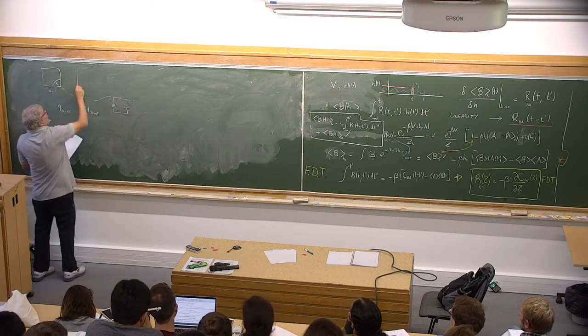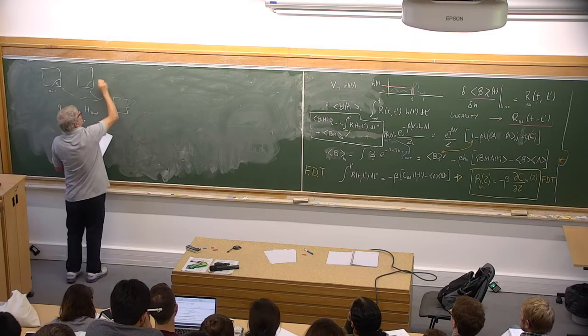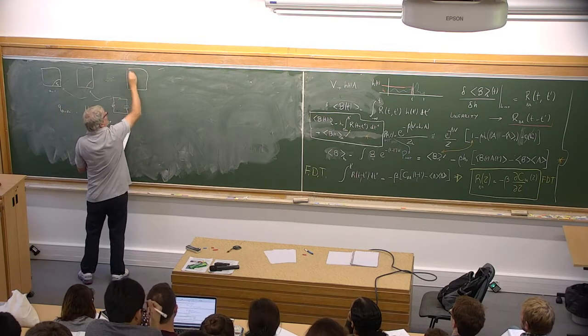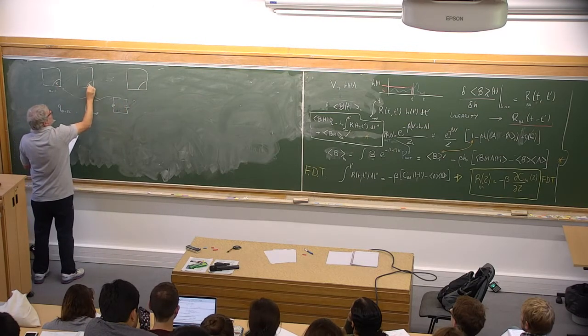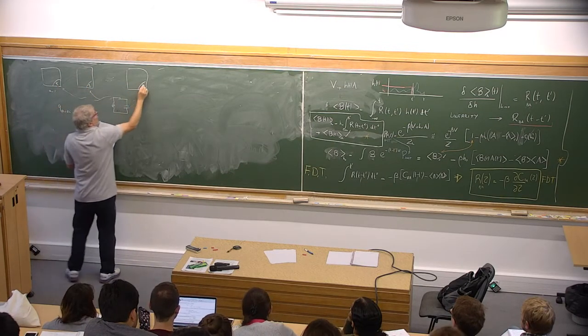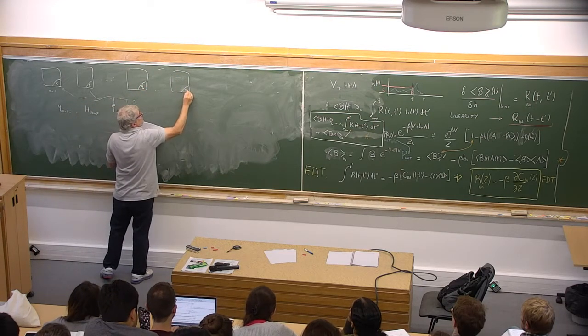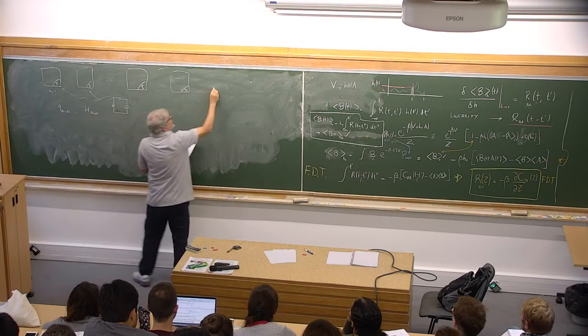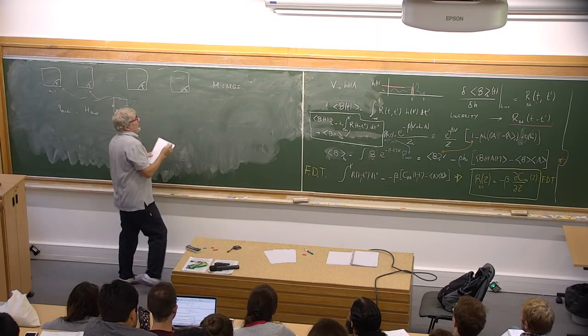And let us consider that it is weakly coupled to many copies of the system, always to the same observable, which is Q1, Q2, Q alpha, up to M. M is a large number, and it is coupled weakly.